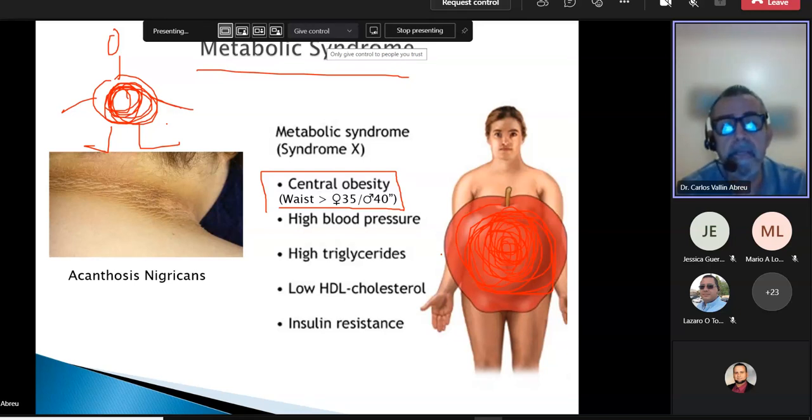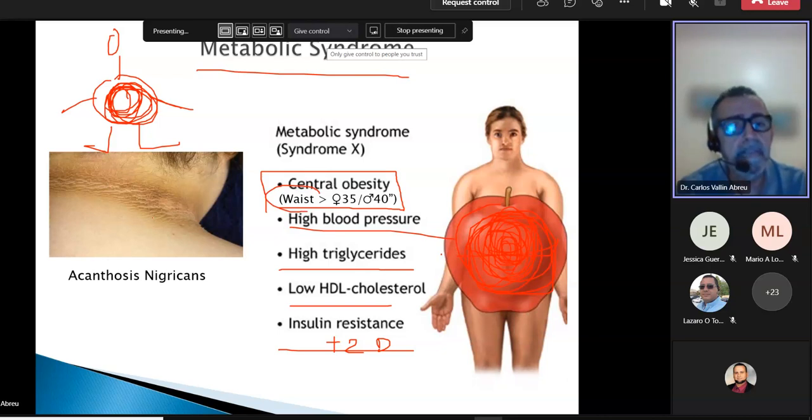They have glucose intolerance, a metabolic problem with resistance to the insulin, so they will develop type 2 diabetes when they grow older. They have high bad cholesterol, high triglyceride, and a tendency to high blood pressure. And as I said, it's the waist circumference that defines the metabolic syndrome.